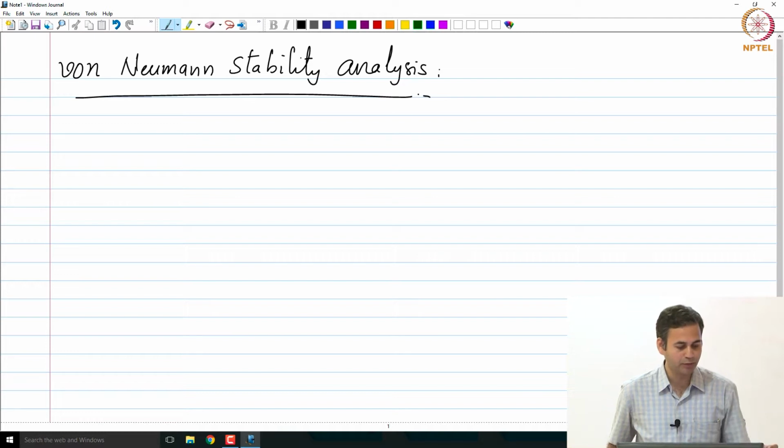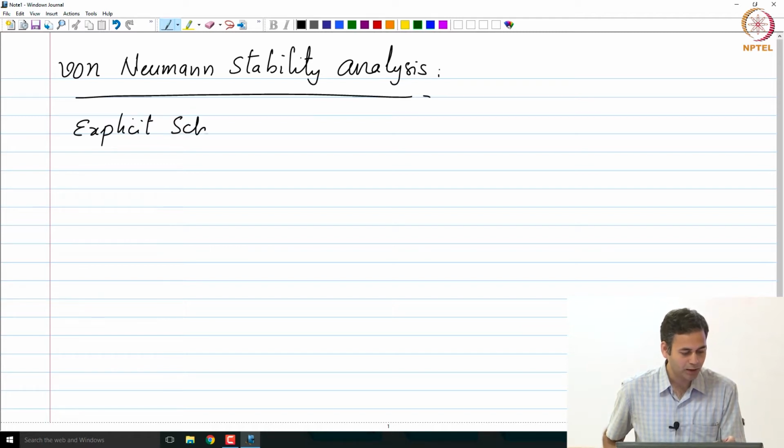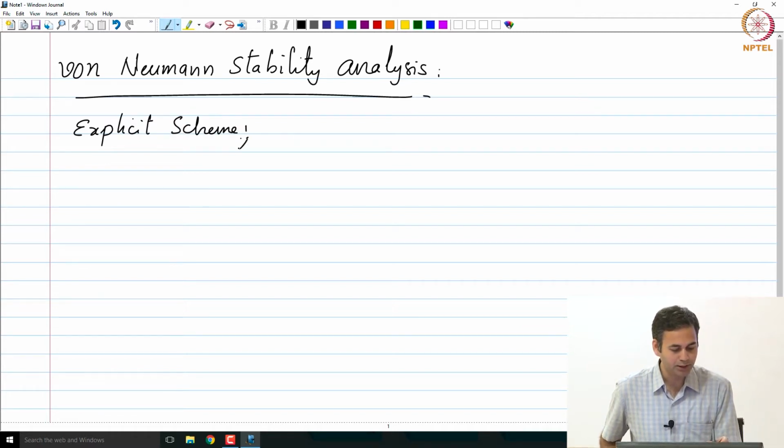So, that is where we looked at this formal analysis, in which we started off with the explicit time stepping scheme. So, this is the explicit scheme applied to unsteady diffusion.